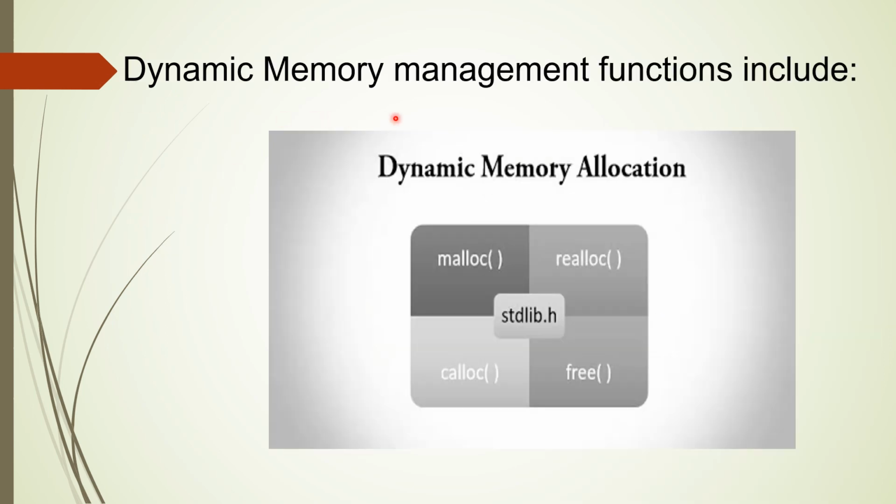In the C programming language, there are four built-in functions to handle dynamic memory allocation. They are malloc, realloc, calloc, and free.